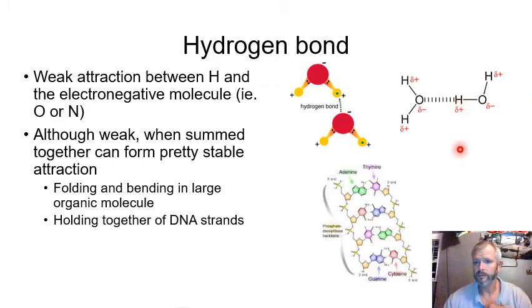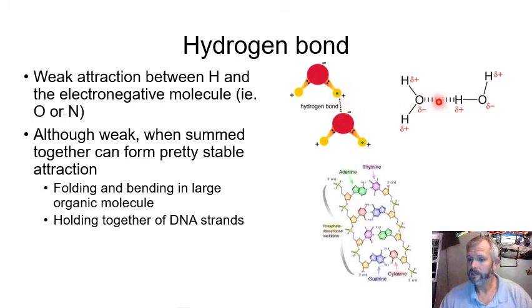Water's a polar molecule. Here we have a positive pole to the water and a negative pole. So what do we see? We see the negative pole is attracted to the positive pole of another water molecule. And whenever you see these dotted lines, or these little slashes or little dots here in the book, that shows you a hydrogen bond. That's a classic way of writing the hydrogen bond.